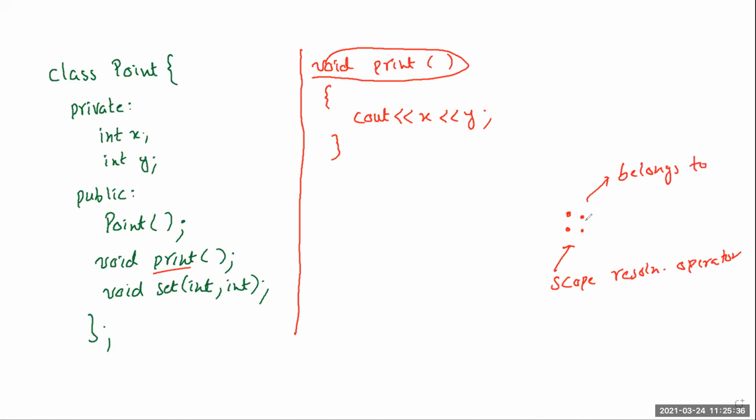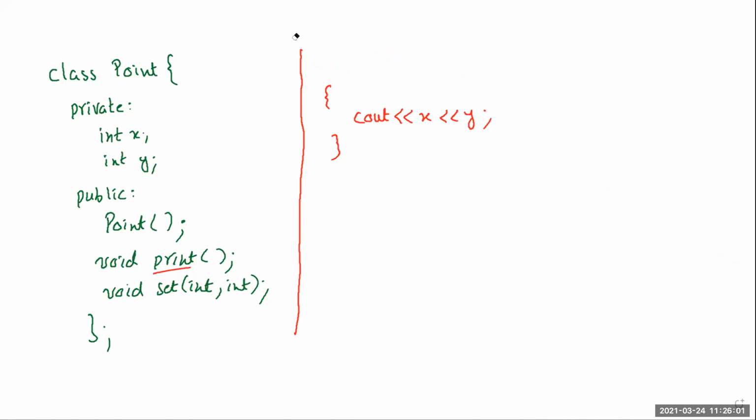This double colon, not single colon, is called the scope resolution operator, but that is just a fancy name for what we want to say, belongs to. So whenever you are giving the body of a function outside the class, we will make use of this operator so that we can tell to which class this print function belongs. And how to use it can be slightly tricky, but I'll explain it to you.